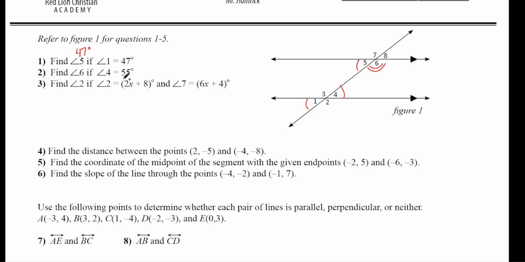All right, so what do we do to solve for angle 6 then? It's 180 minus 55. What's that? 125? So that's 125 degrees right here. All right, what about this one? Find angle 2. Let's look at the relationship between 2 and 7. Well, 7 also has 2 arcs, right?